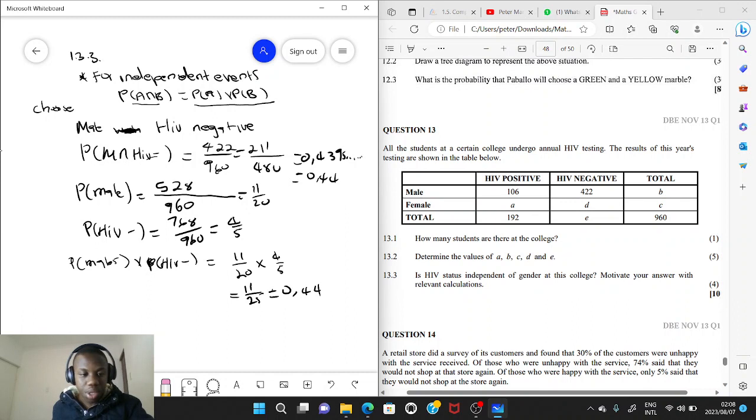Therefore, we'll say, therefore HIV status is independent of gender.